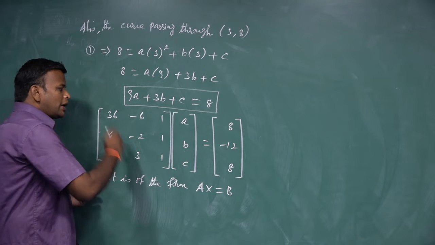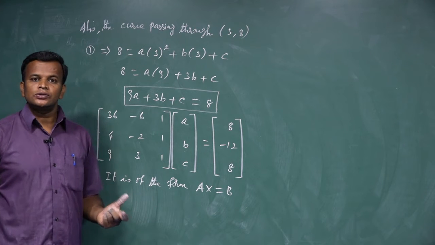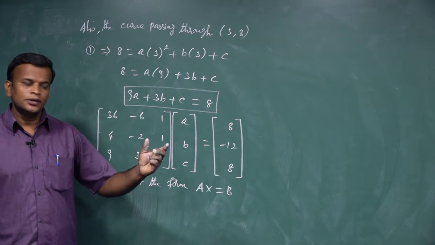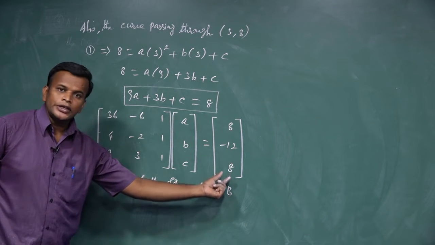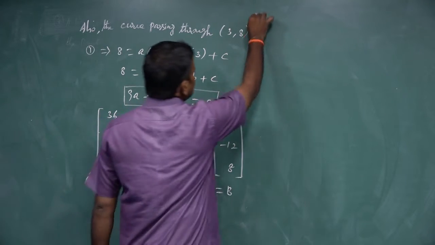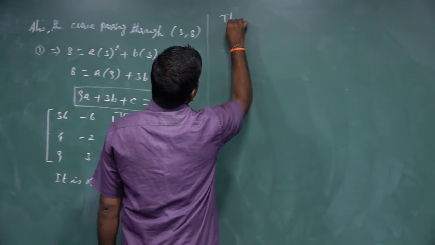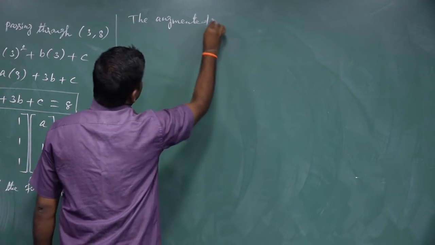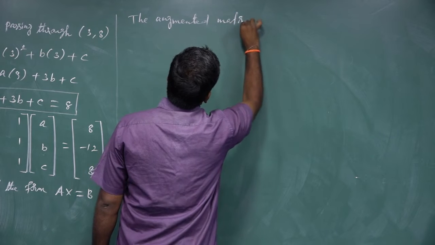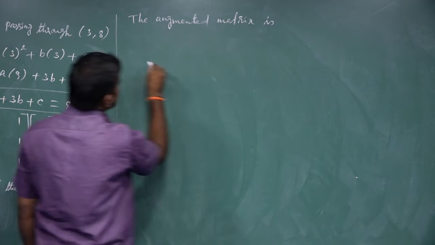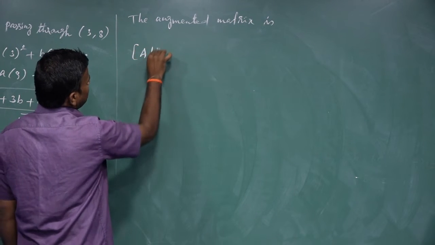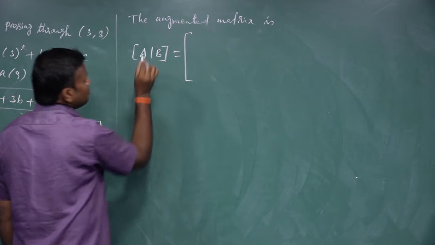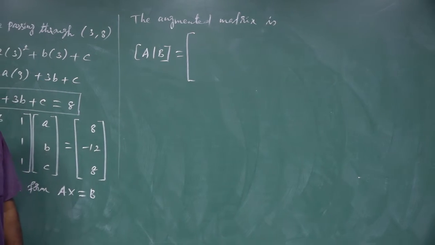After we convert to matrix form, the next step is to write the augmented matrix. Augmented means extended. The matrix A is extended by the matrix B. The symbol of the augmented matrix is [A | B].